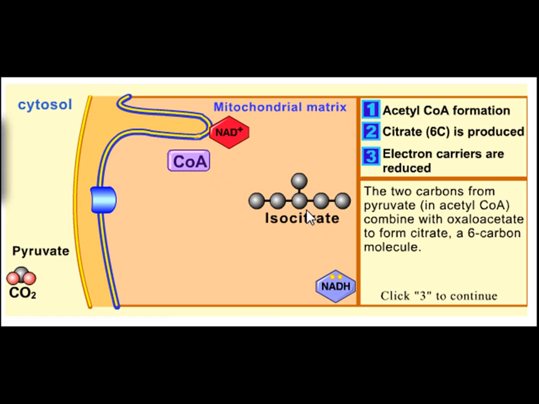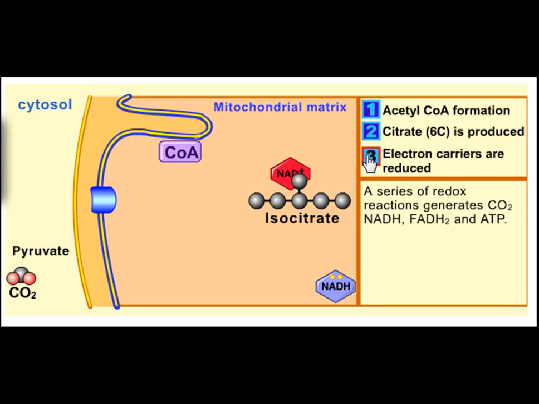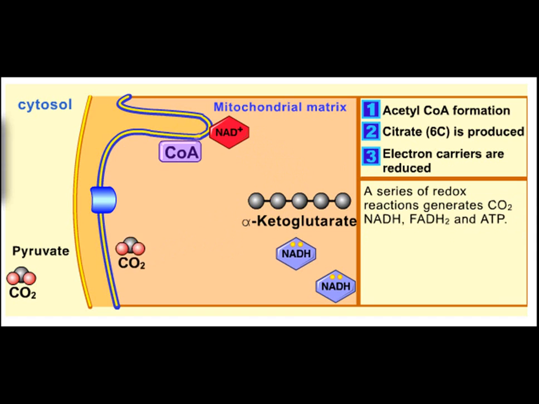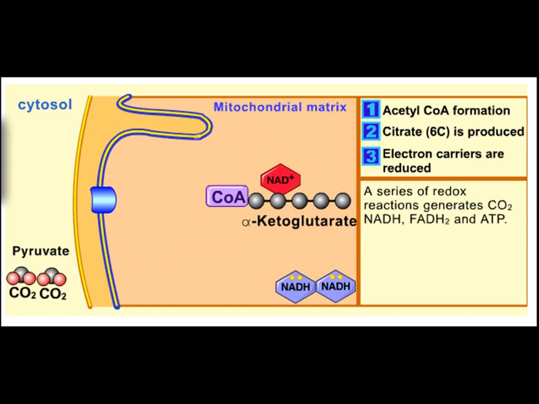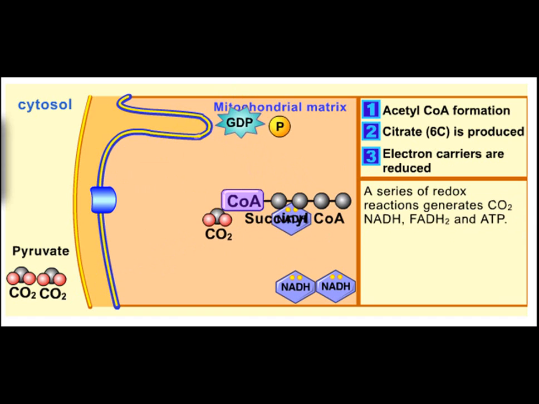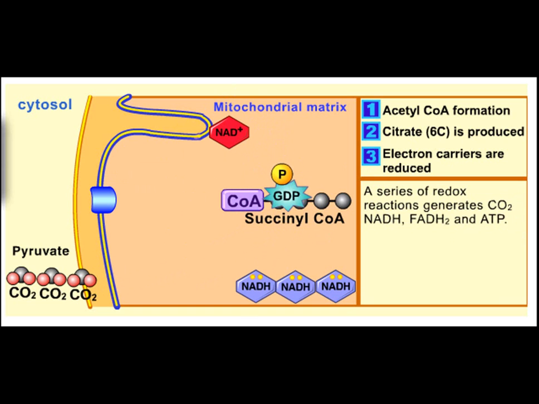The citrate then almost immediately goes through a reaction and forms its isomer, isocitrate. It's just a structural isomer. From here, the 2 carbons that were added to oxaloacetate will slowly be oxidized off. NADH reduced, CO2 removed. NADH reduced, CO2 removed.